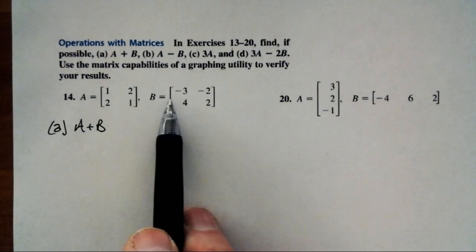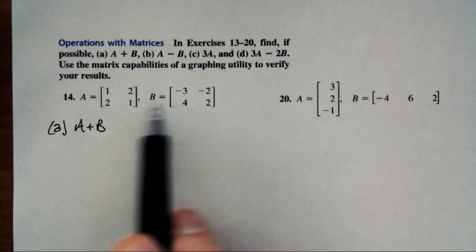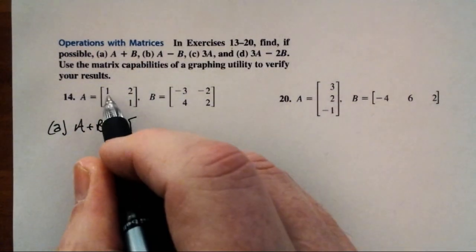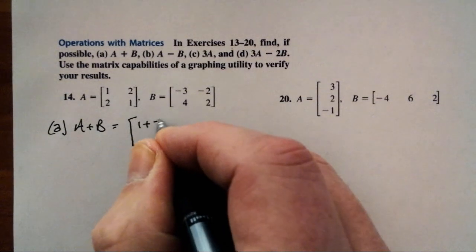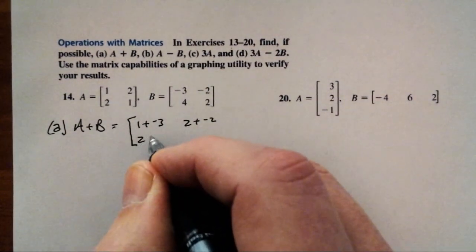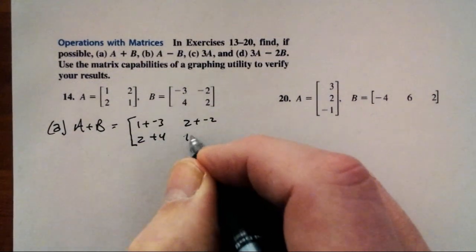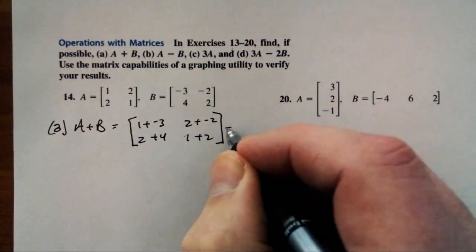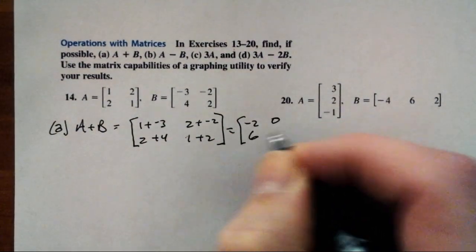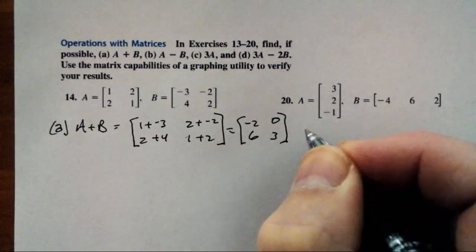A plus B, it's exactly what you would probably suspect it is, and I'm going to do this just one time. We just add the corresponding values. 1 plus negative 3, 2 plus negative 2, 2 plus 4, and 1 plus 2 for a final entry of negative 2, 0, 6, 3.